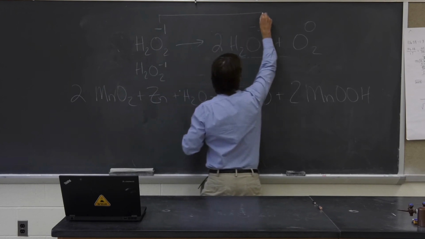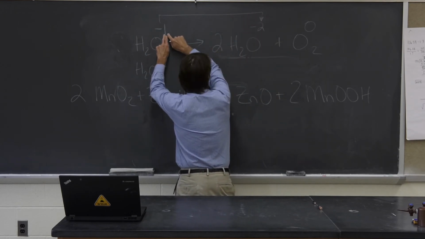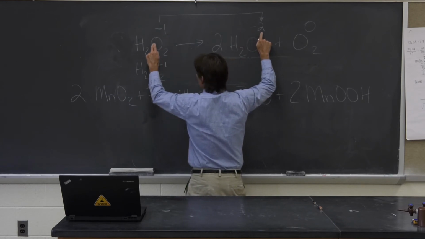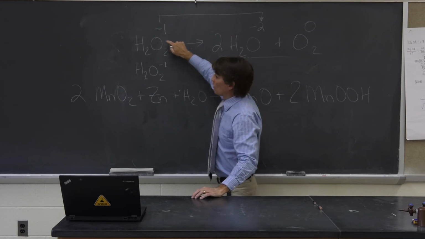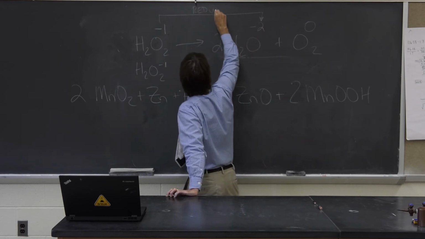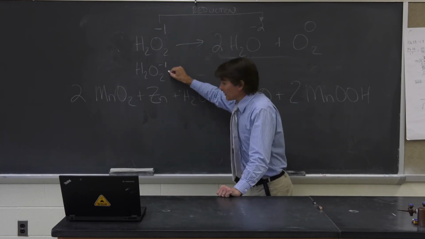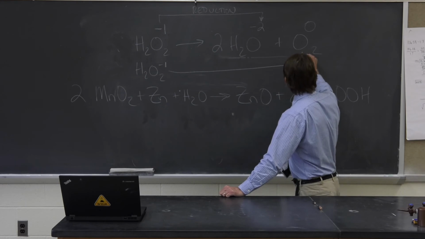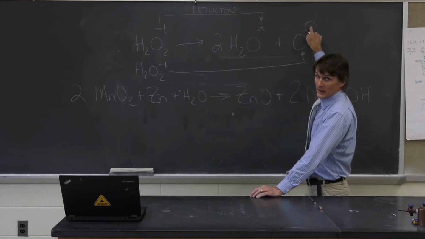And if that happens, I see that the oxidation number of the hydrogen peroxide is going down as it gets chemically turned into water. So let's see, a -1 going to -2, that's a reduction. And then in this one, if we have this hydrogen peroxide going to oxygen gas, the oxidation number is going up, and in this case we'll call that an oxidation.